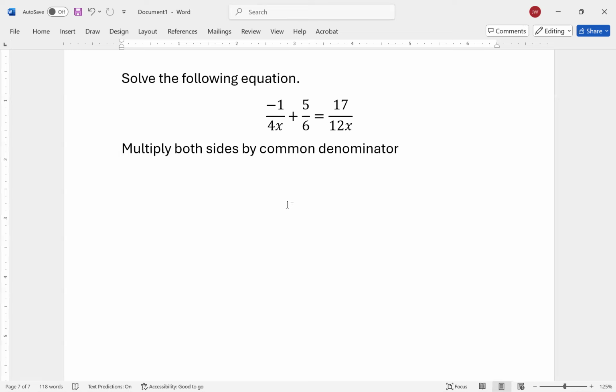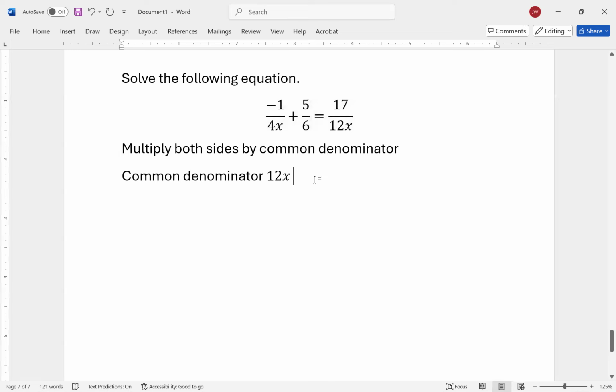Now, the common denominator that I'm going to choose is going to be 12x, because 12x is divisible by 4x, it's divisible by 6, and it's divisible by itself.